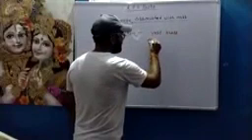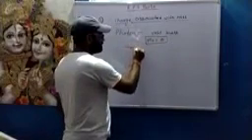Photon rest mass m naught is equal to 0, so it is a neutral particle. A similar example is a neutron: it has mass but no charge, as a neutral particle.